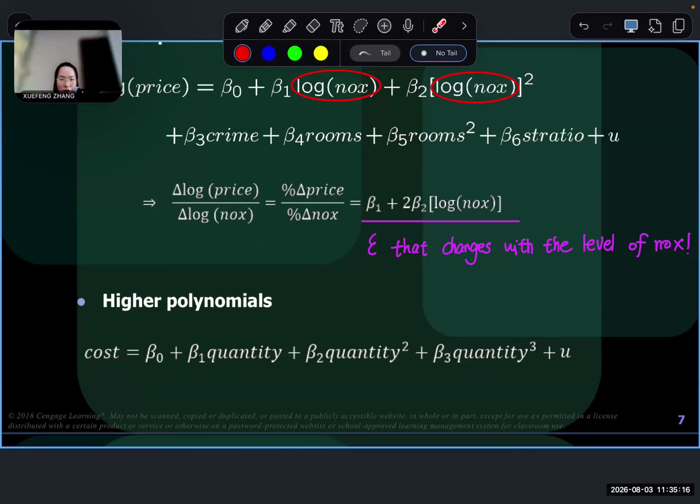And it's common for cost functions, always allowing a more flexible S-shaped curve. Same rule either way, okay? You take the derivative and then you'll get the marginal effect depends on x.